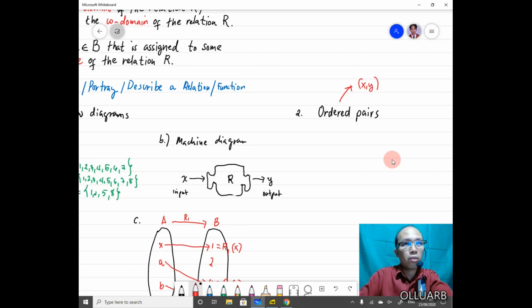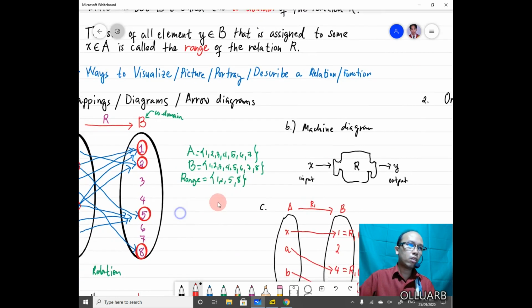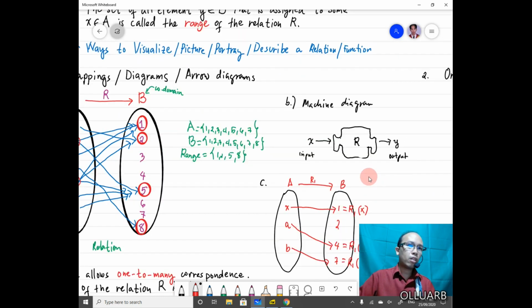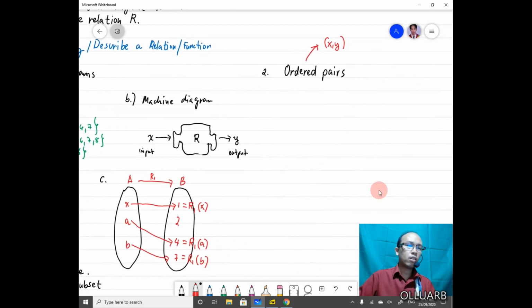I know you are very familiar with this, but anyway, if you want to describe this example or illustration using an ordered pair, then you can write it this way.